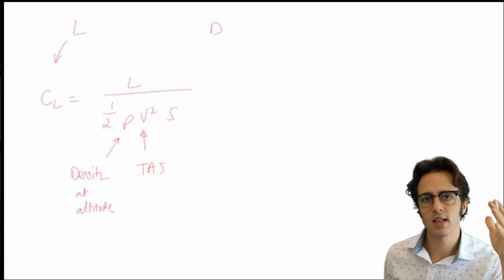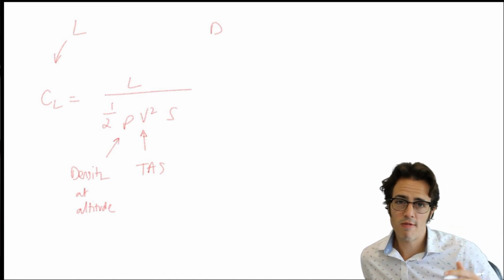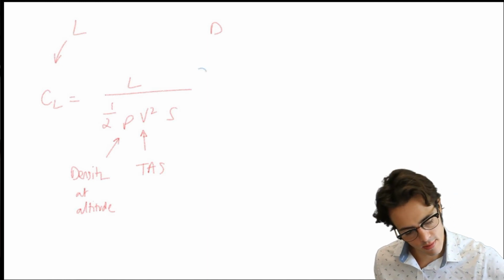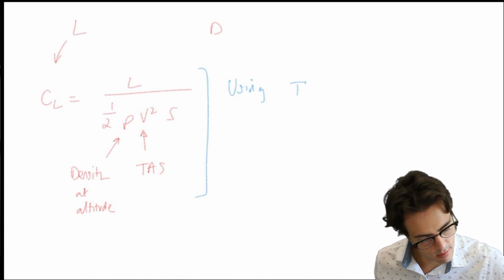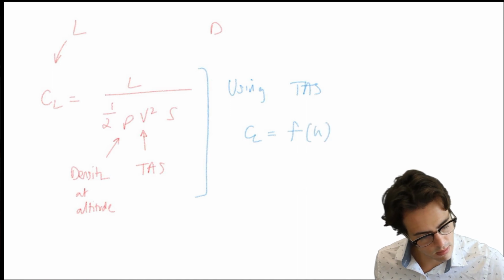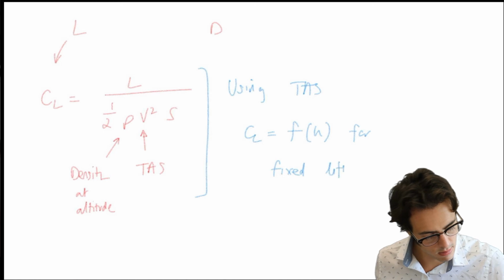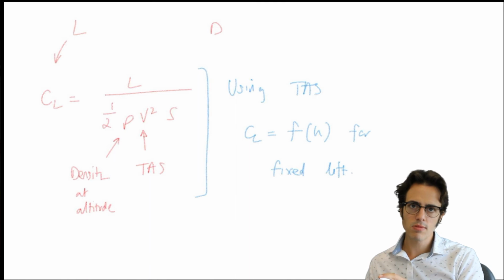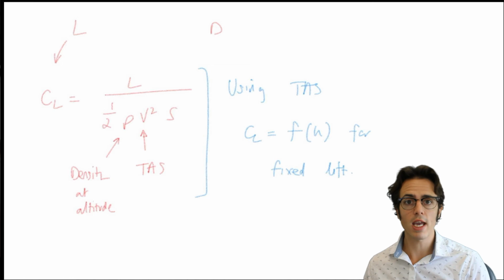So if we're using that in our definition of the lift coefficient, then as we vary our altitude for a given amount of lift, our lift coefficient will change. So that can be a little bit confusing. For a given lift value, the CL value changes.